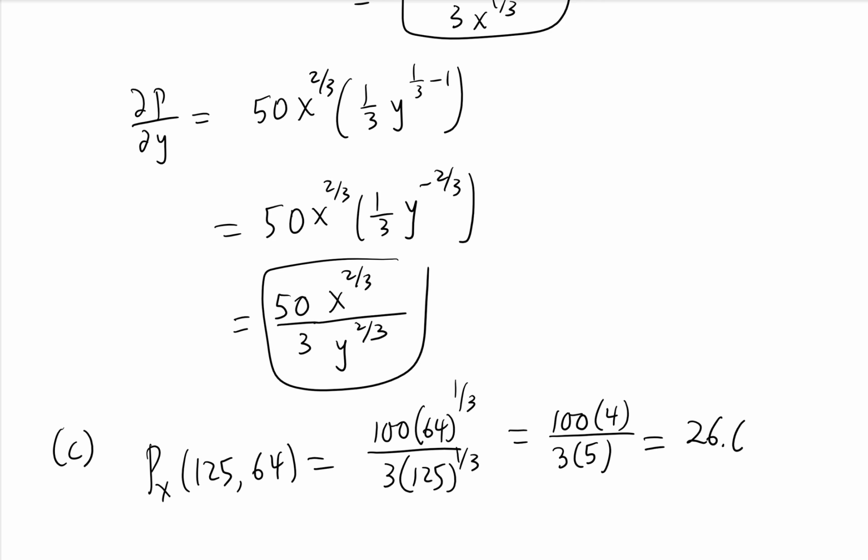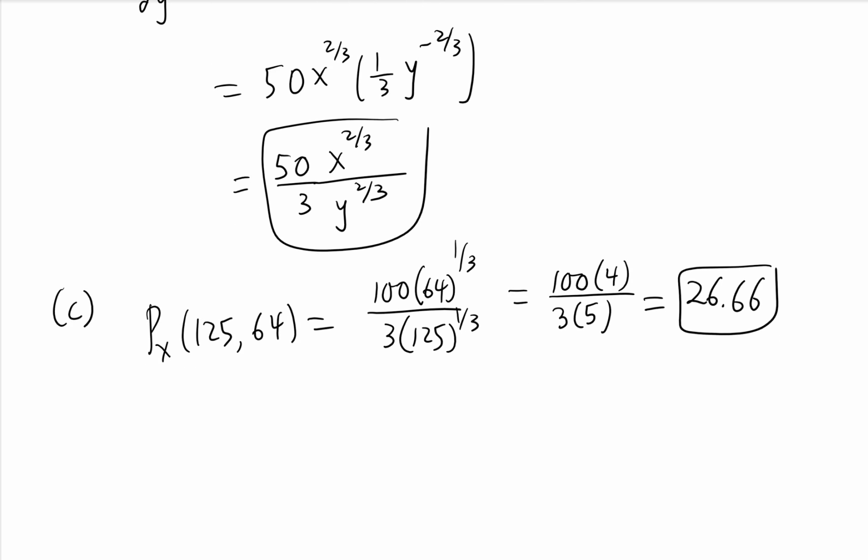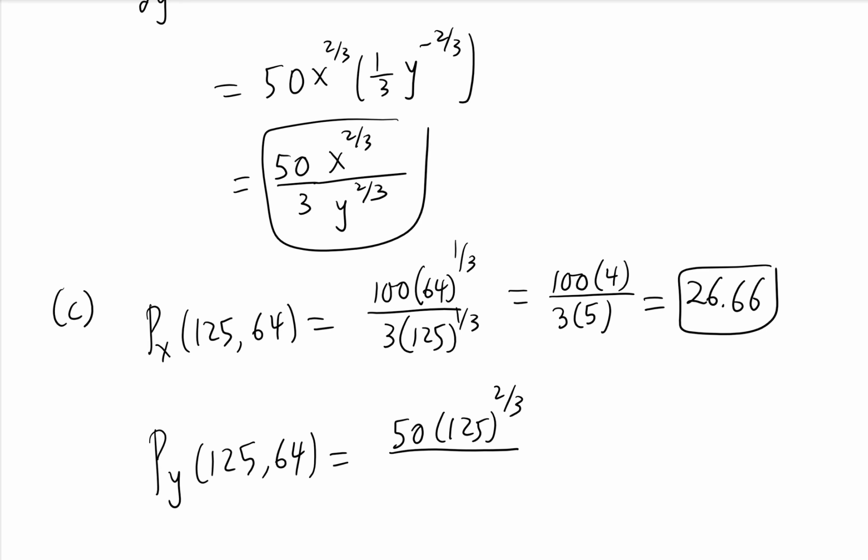Simplify it out, you get about 26.66. Similarly, we do for P sub y at 125 comma 64. That's 50, 125 to the 2/3 over 3, 64 to the 2/3. Calculate that. I got 26.04.